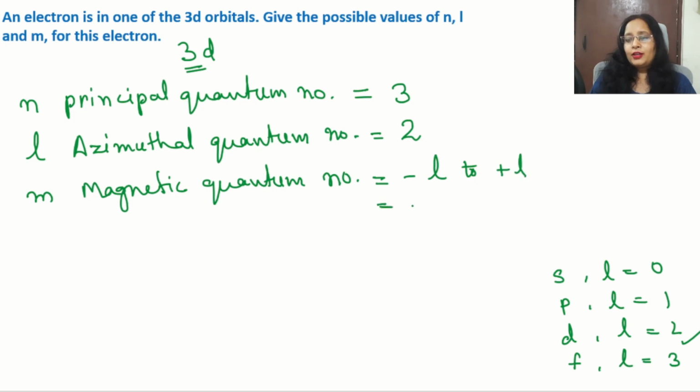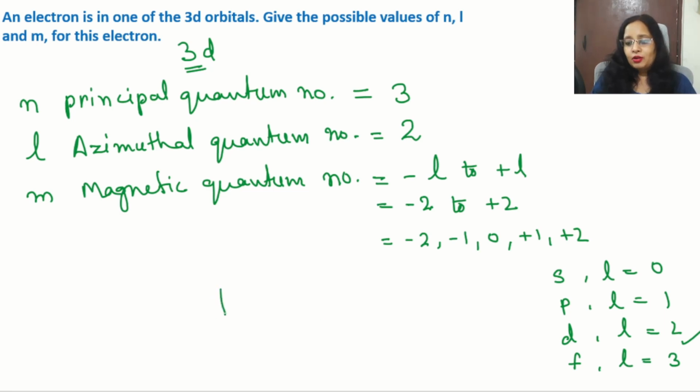Here the l value is 2, so we can say minus 2 to plus 2. These are the values in which the electron may possibly be present. So its values are minus 2, minus 1, 0, plus 1, plus 2. So these are the 5 orbitals.